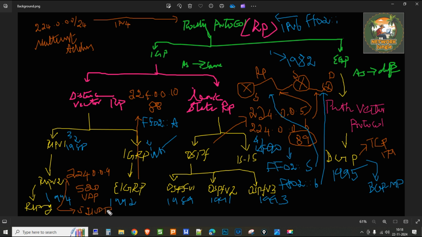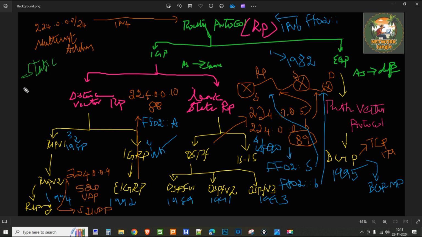Then last but not least, that is the AD value. So what is the difference between the AD values to reach the destinations? Mostly we prefer the lowest metric value, that is the lowest AD value, to reach the destinations for fast delivery of the routing information. I can write the AD value for the static route.